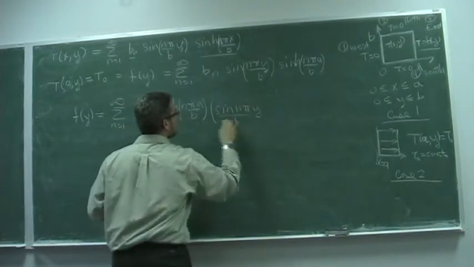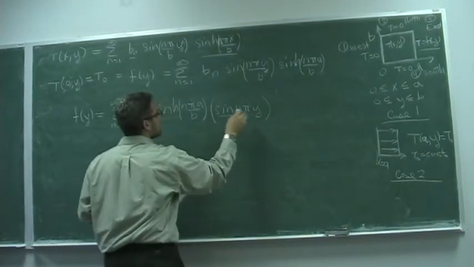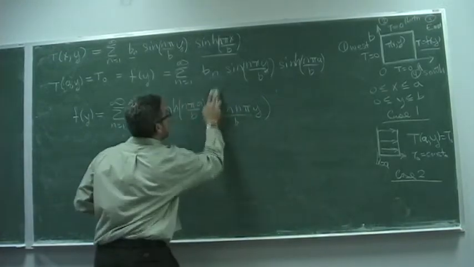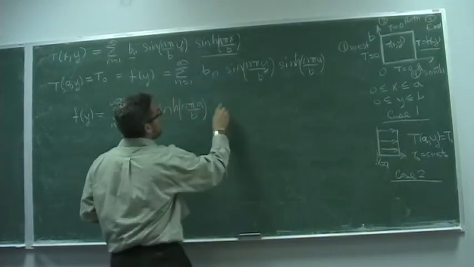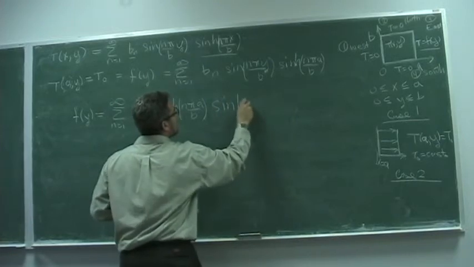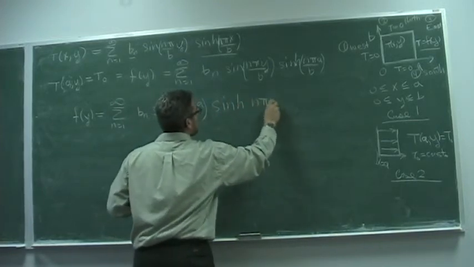Let me fix that typo and rewrite it again: sine hyperbolic n pi a.